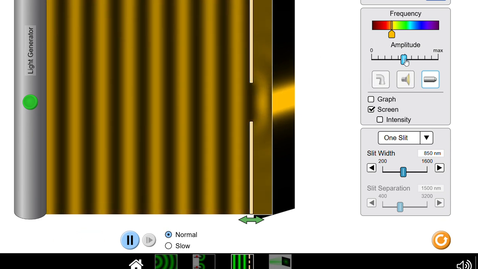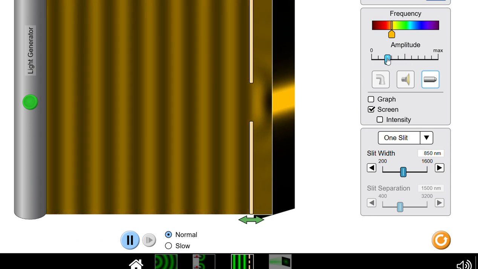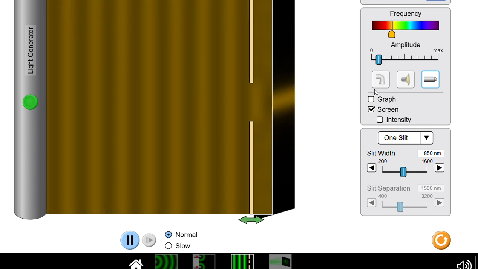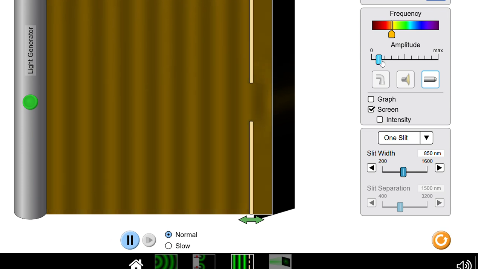Now we want to increase the intensity, like the amplitude of the light. Now let's maybe start from a dim one. From this dim light, we can barely see any of the image. That means the energy cannot be transferred very clearly, right?